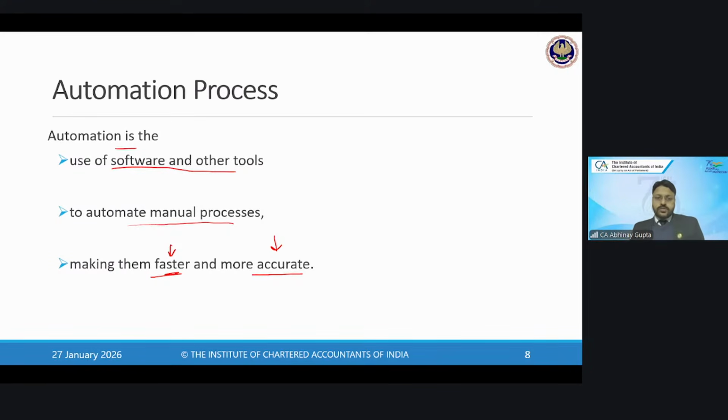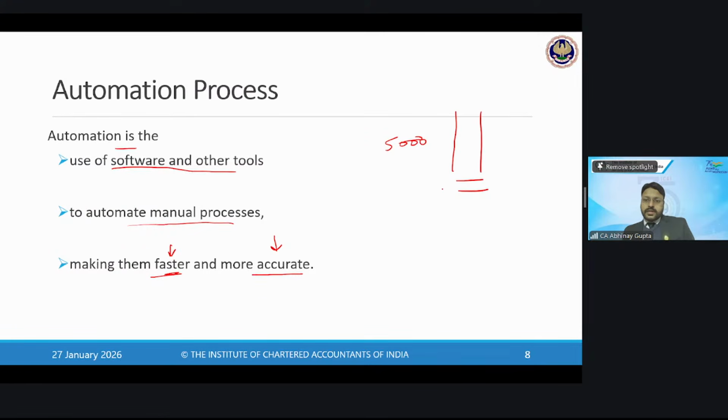Correct. Just to give you a simple example, in Excel, suppose there are 5,000 figures written in a column, and you simply total them up. There is a very rare possibility that the total is mistaken in Excel, almost negligible. But if you sum these 5,000 numbers manually, different people may come up with different results.